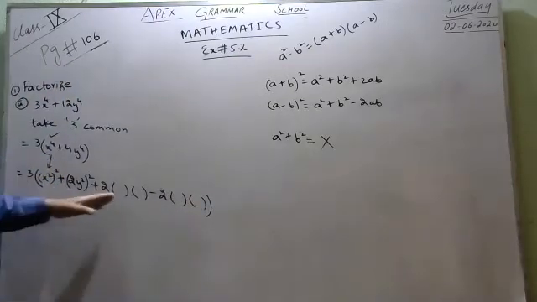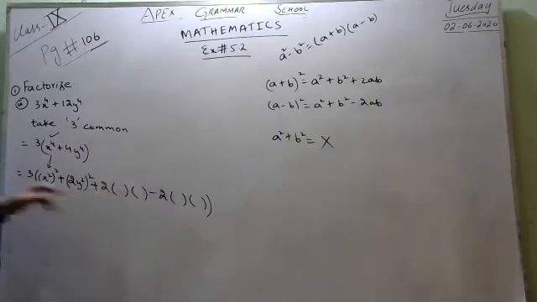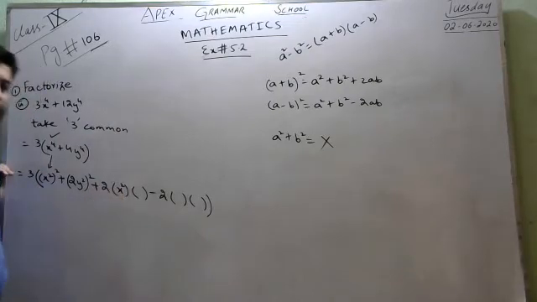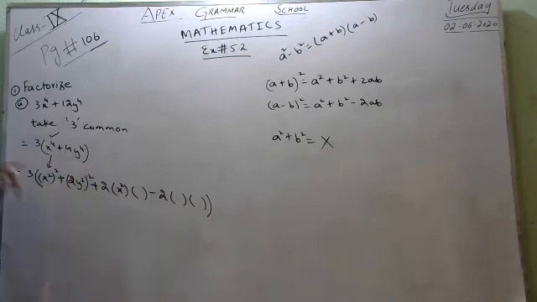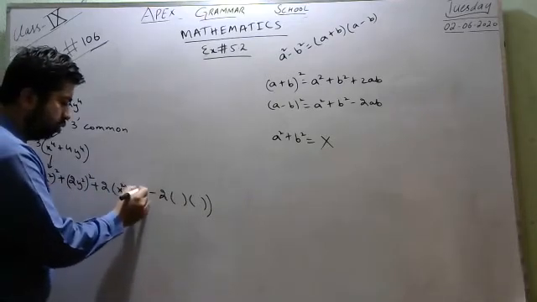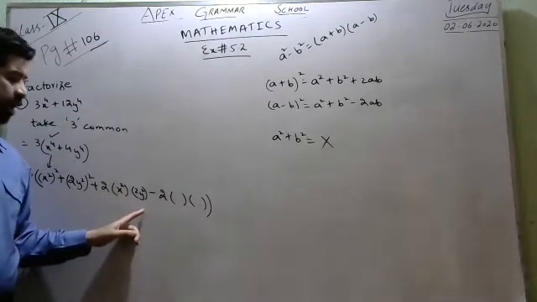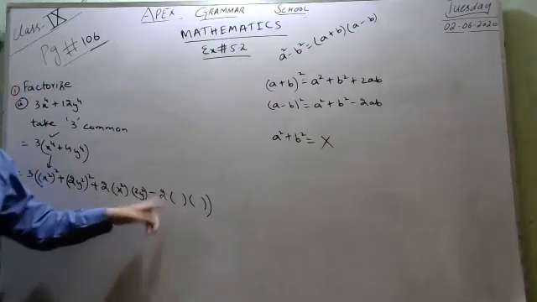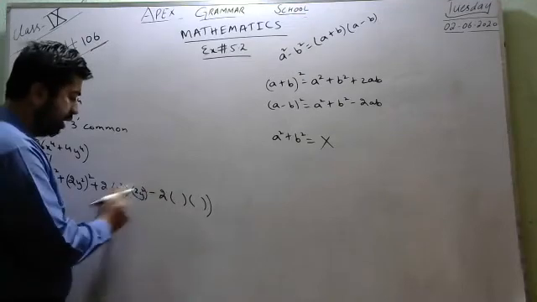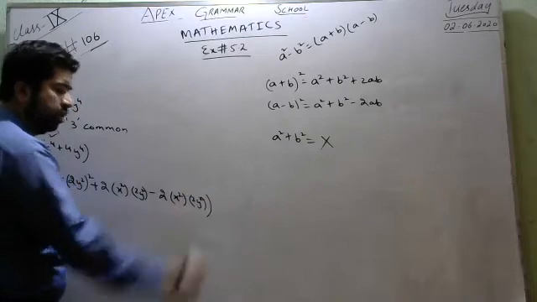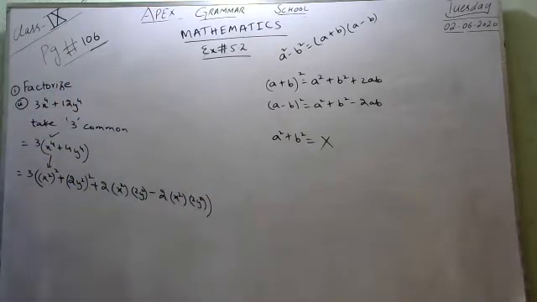What is the value of a? Beneath this square, x². The value of b here is, beneath this square, 2y². This is plus 2ab, and at the same time I'm going to subtract it, minus 2ab. The value of a here is x², and the value of b here is 2y².